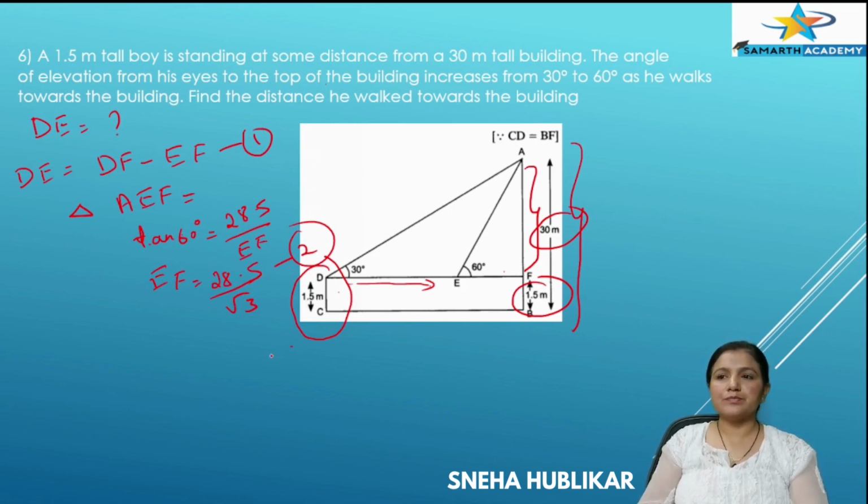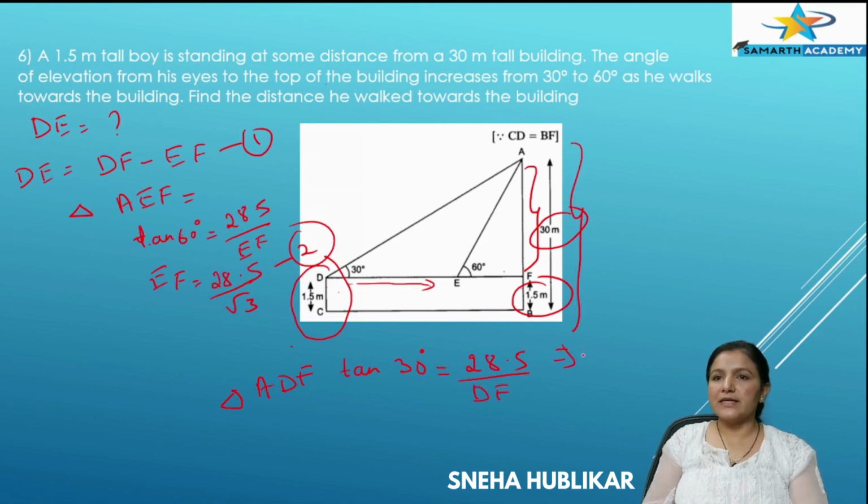Now, in the bigger triangle, that is triangle ADF. In triangle ADF, what happens? Tan 30 is equal to AF, that is 28.5 by DF.